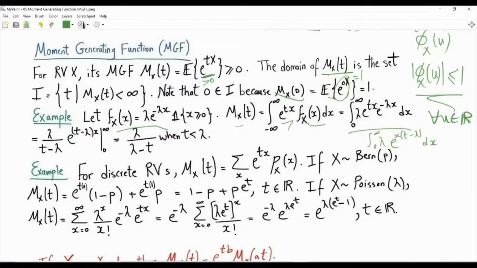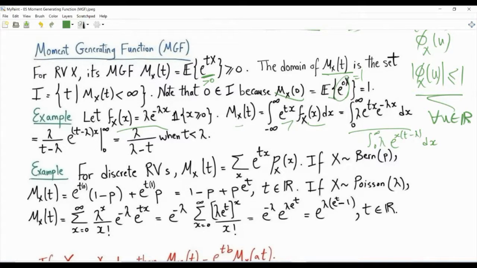Now, if the parameter t in the moment generating function is equal to lambda, the parameter of the exponential random variable, what will happen? We have e to the 0, which is 1, and then you are integrating lambda, a constant, from 0 to infinity, which is infinity. So if you put t equals lambda, this thing explodes to infinity.